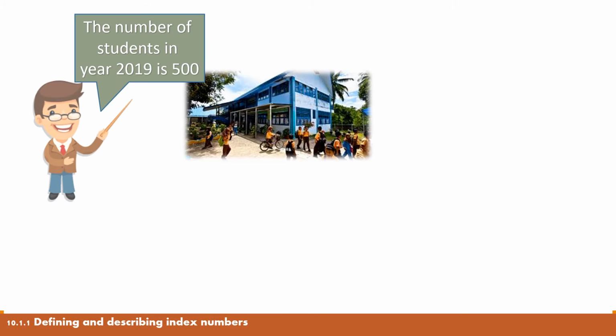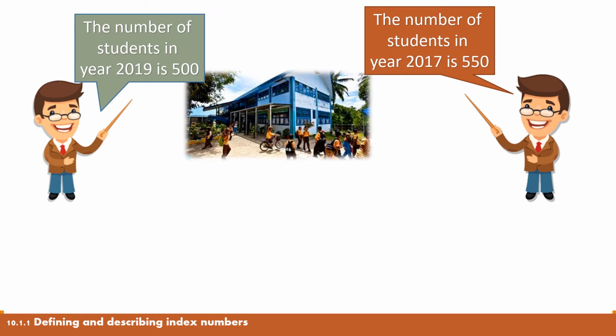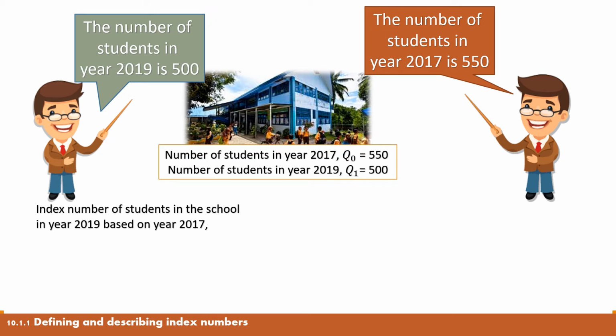The next example of an index number is the number of students in a certain school. In year 2019 it is 500, and the principal announced that in year 2017 the number of students in this school was 550. If we are looking for the index number of the students in the school in year 2019 based on year 2017, the number of students in year 2017 is the base year quantity.